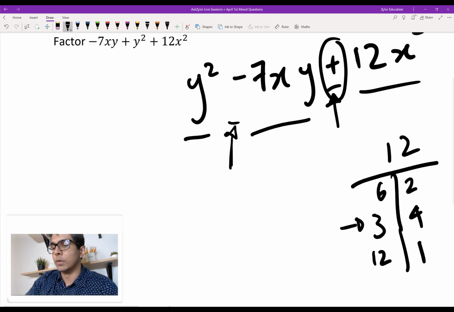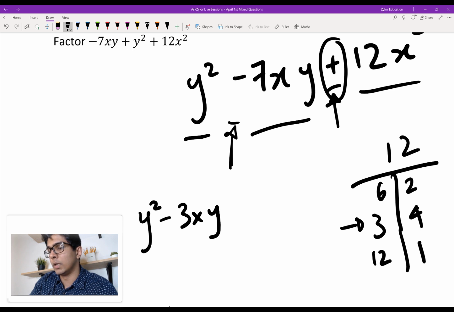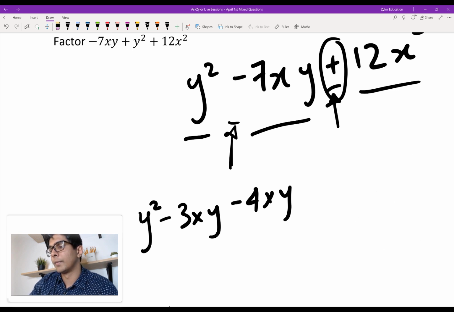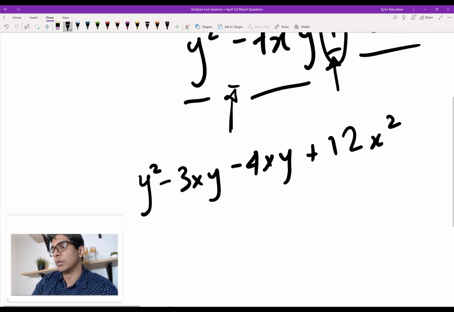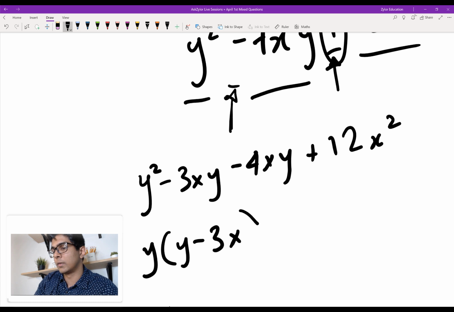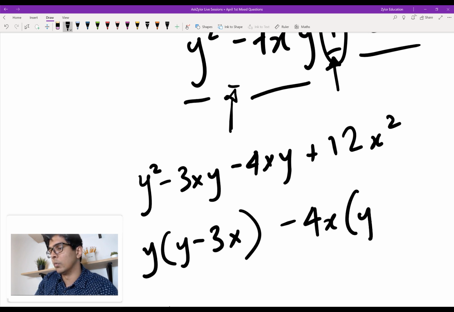So then I'm going to use decomposition to give me y squared minus 3xy, and then minus 4xy plus 12x squared. So then I'm going to factor by grouping to give me y minus 3x minus, I can factor out negative 4x to give me y minus 3x.